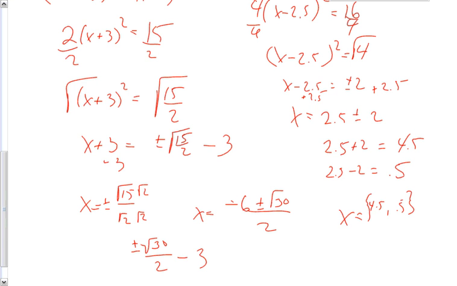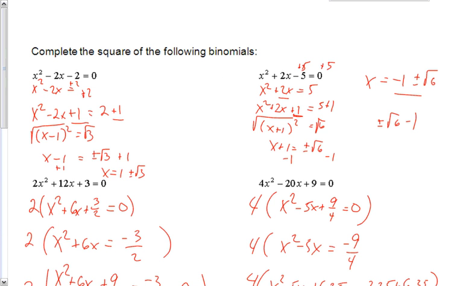Now, one of the most useful ways we're going to use this is if we have something like this, so we want to change our forms. Okay, this right here is a circle. X squared plus y squared plus 3x minus 4y minus 14 equals 0. This is a circle.